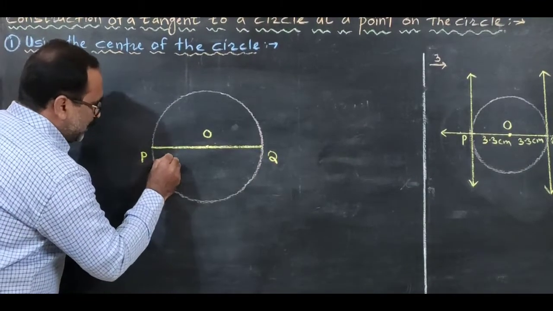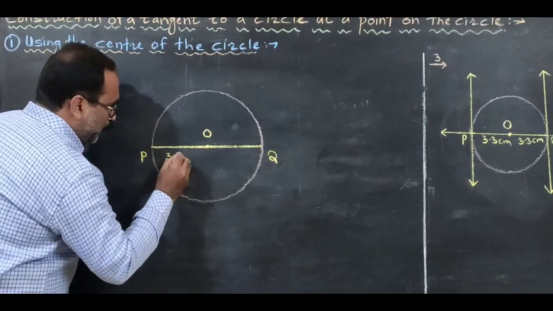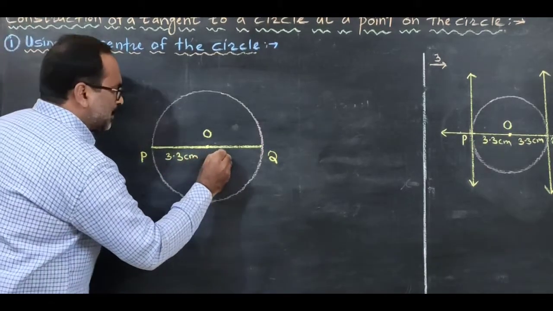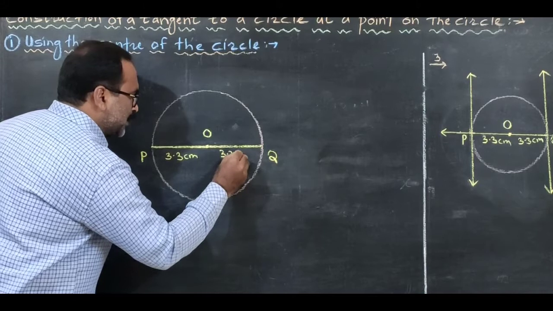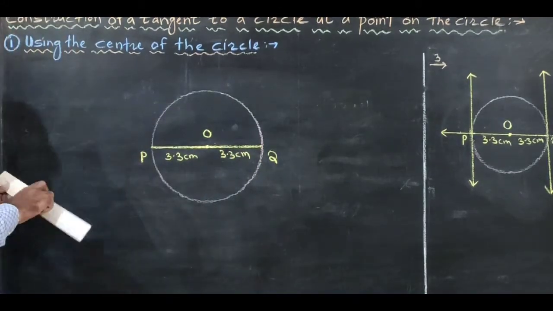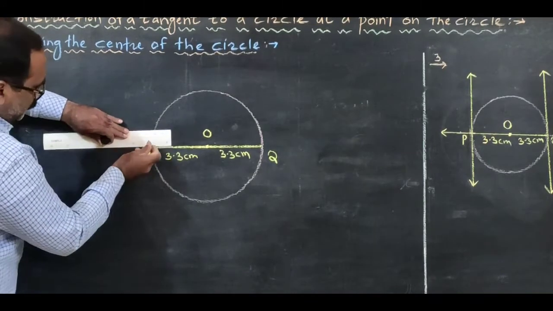This is 3.3 centimeter OP. OQ also 3.3 centimeter. Total PQ is how much? 6.6 centimeter. Now we extend the diameter to both the sides.